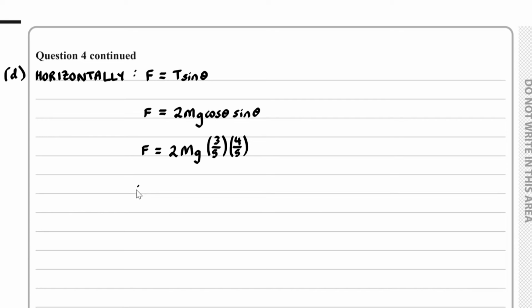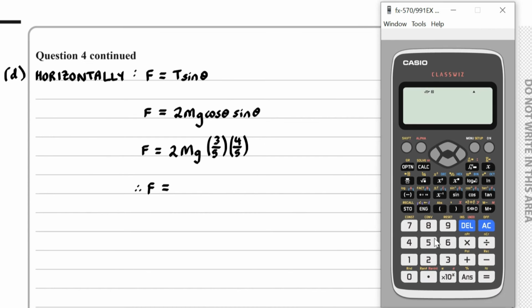And so therefore, F is equal to, well, here we have 2 times 3/5 times 4/5. F is equal to 24 mg over 25.